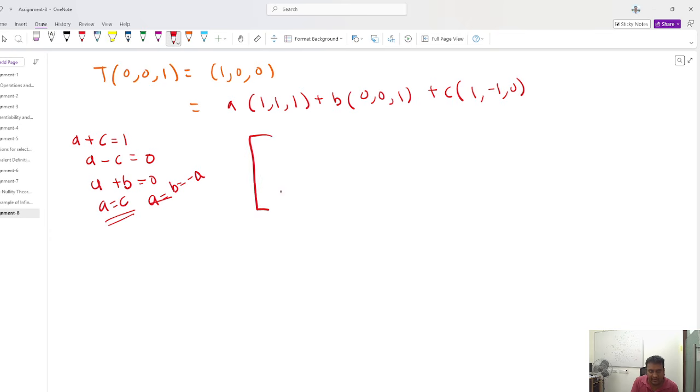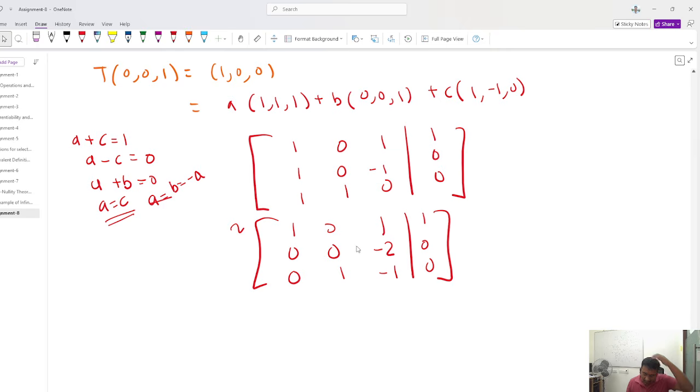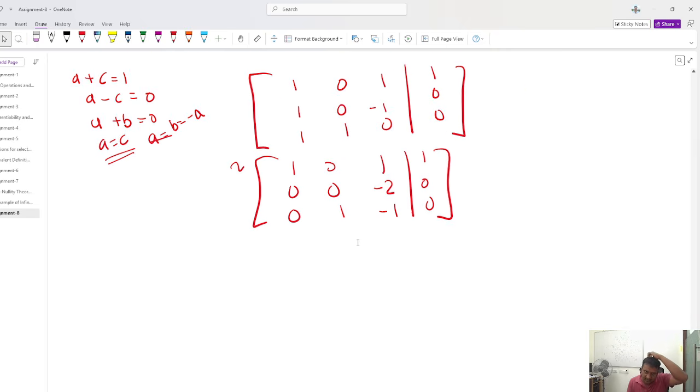I always like matrices. 1, 1, 1, 0, 0, 1, 1, minus 1, 0, 1, 0, 0. Now let us solve. I will simplify it: 0, 0, minus 2, 0, 1, minus 1. Okay, 1, 0, 0. So what you will get here definitely is that minus 2 into C is 0. So this implies C is 0.